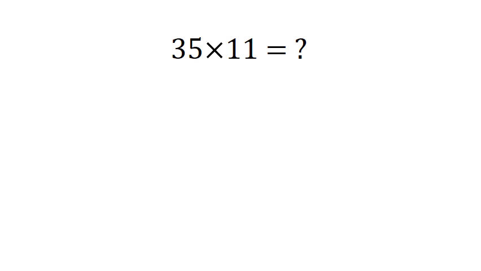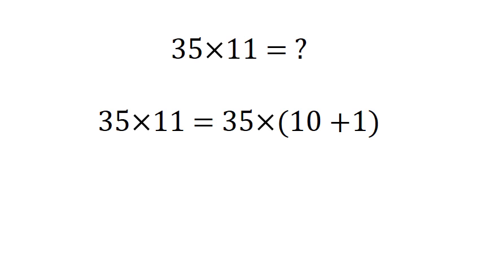How to use this property? Assume that we want to find the value of 35 times 11, which is somehow hard to do mentally. We need to make it vertically. But instead of making it vertically, we can use the property of distribution. We know that 11 is 10 plus 1.